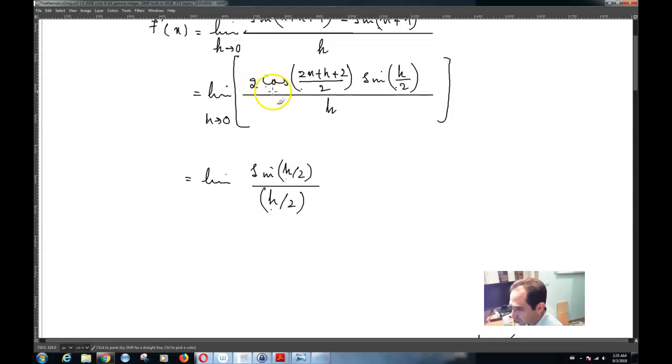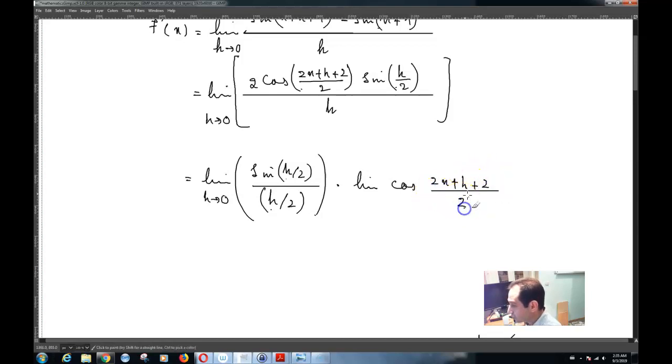You can bring this 2 down over here and make it h divided by 2, as h tends to 0, times the limit of cos of 2x plus h plus 2 divided by 2, as h tends to 0.